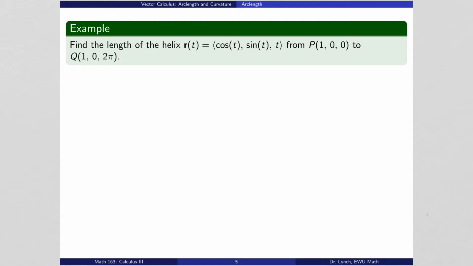Here's an example. Let's go ahead and find the length of that helix from P to Q. In order to do this, we need an expression for r prime, and then we need to integrate the magnitude of that expression over the interval from a to b, which in this case turns out to be from 0 to 2 pi.